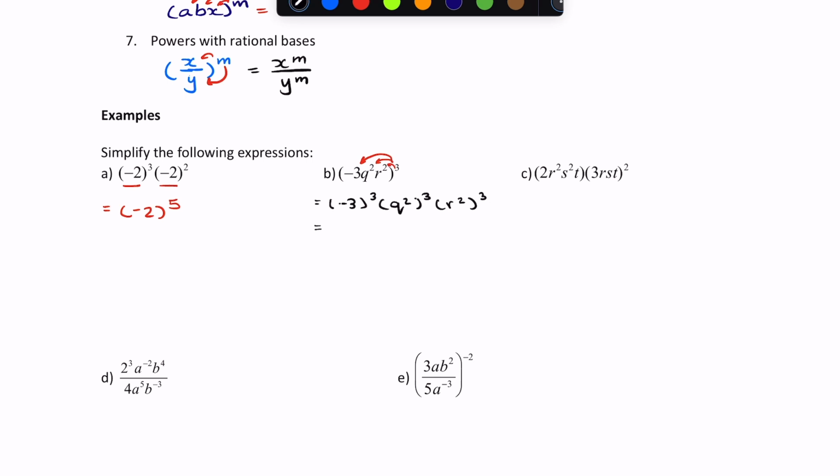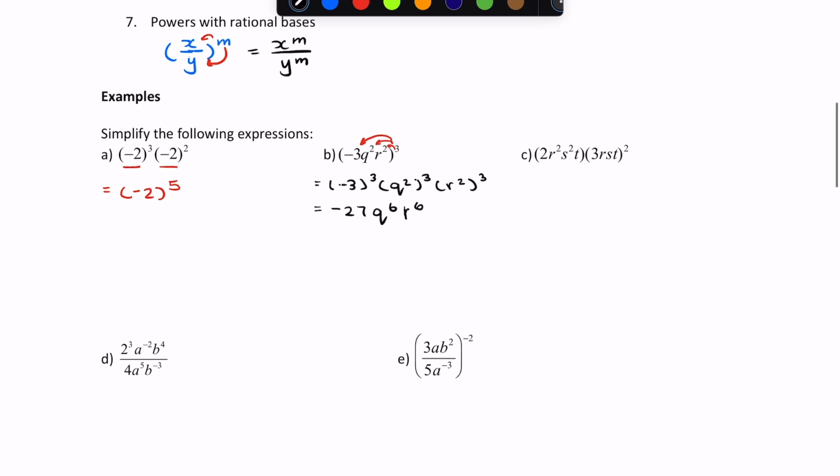And so -3 to the power of 3 is -27. q squared to the power of 3 would be 2 times 3, so it would be q to the power of 6. And r squared to the power of 3 would be r to the power of 6. So here our answer is -27 q to the power of 6, r to the power of 6.